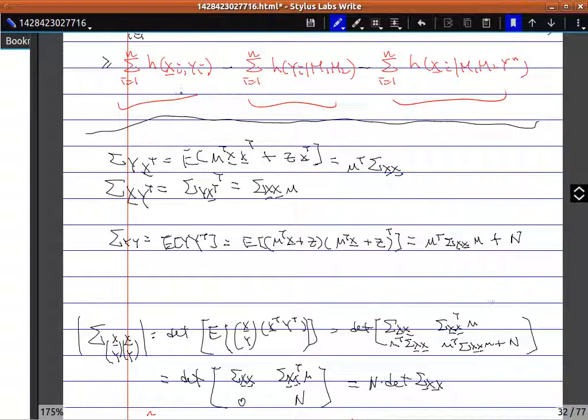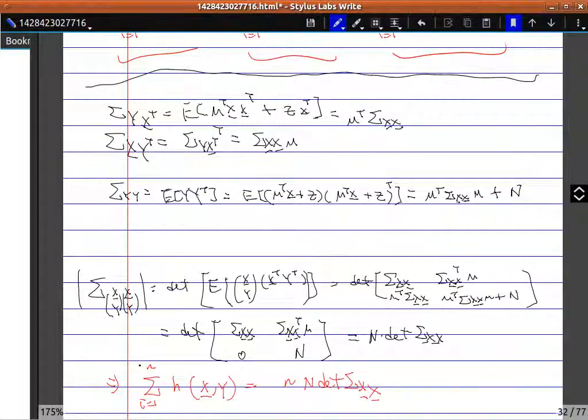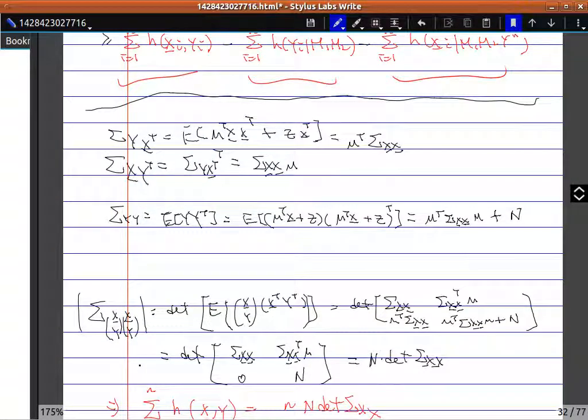we have H(Xi, Yi). Basically, this will be just equal to 1/2 log of 2 pi e times the determinant of the covariance of that thing, right? Actually, essentially, I have it here. So let's compute this covariance matrix.